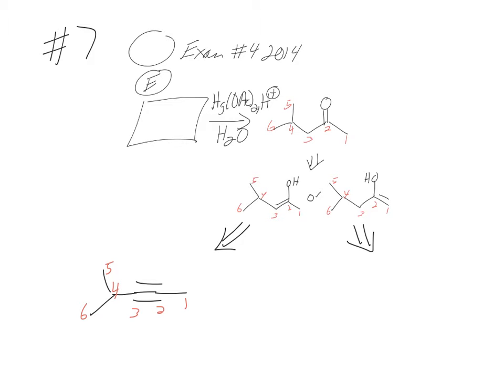An alkyne between which two carbons? 1 and 2. 1, 2, 3, 4, 5, 6. Okay, so those are two possibilities. Which one's the right answer? The one between 2 and 3.